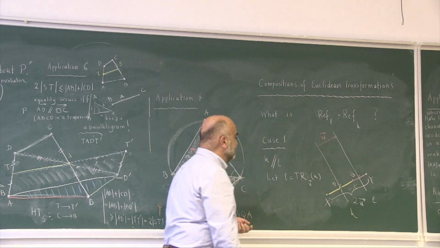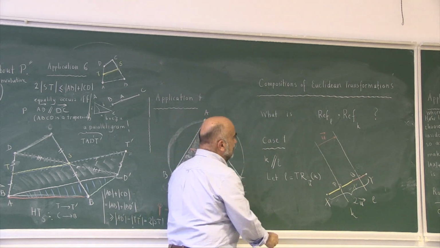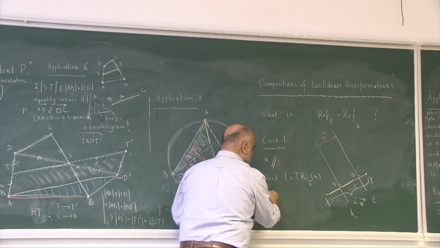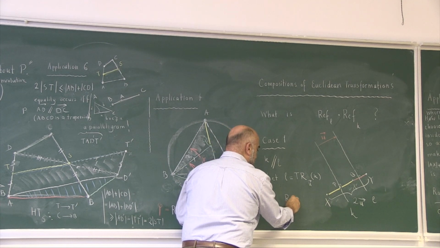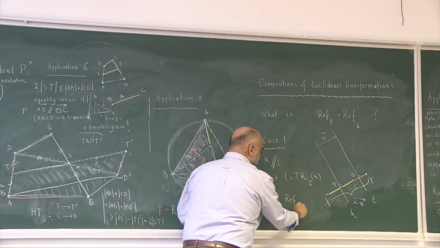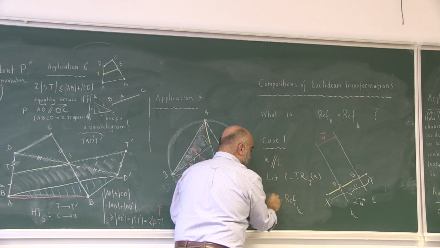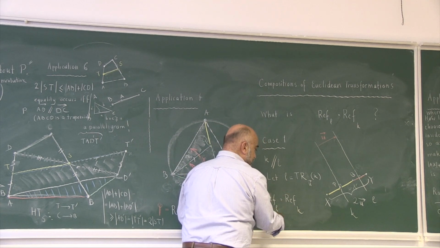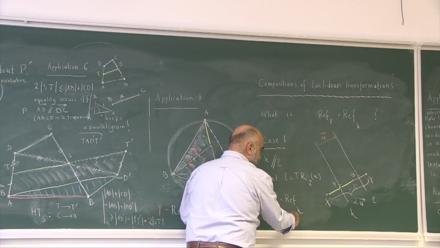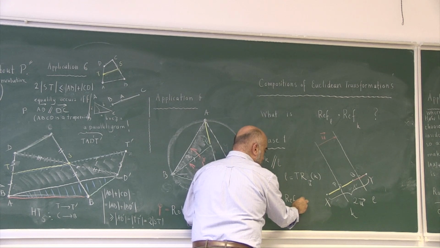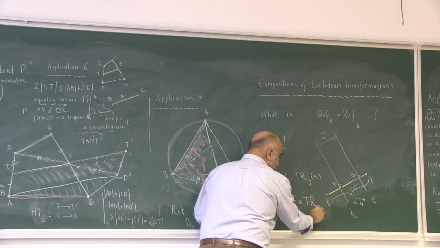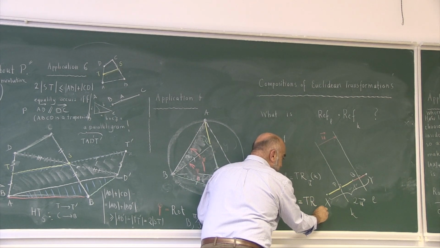So we have come to the conclusion that if you take the reflection in a line K, and if you follow it by a reflection in a line L, which is parallel to K, and in fact L is obtained from K by a translation by the vector U, then the result is in fact a translation by the vector 2U.